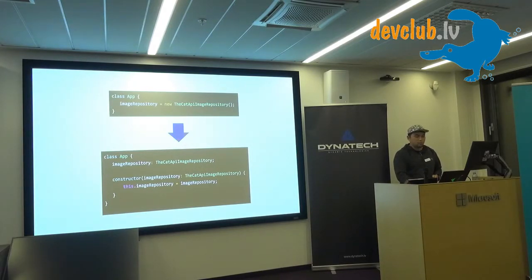Traditionally, or at least in the past, you would create a new instance of your dependency using a new operator. But instead of doing that, dependency injection tells you to pass in the dependency as either a constructor parameter or using a setter. And that's pretty much it. That's dependency injection in a nutshell.